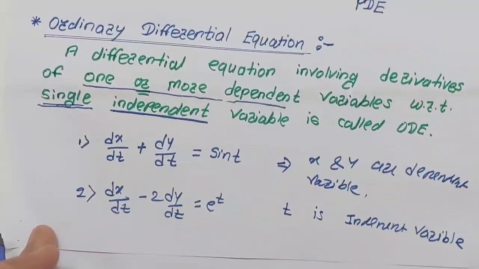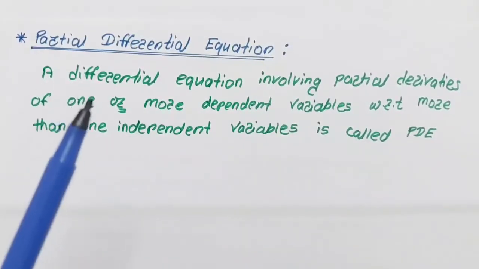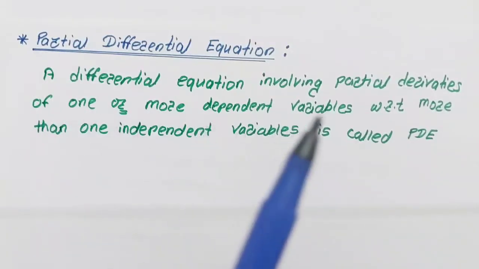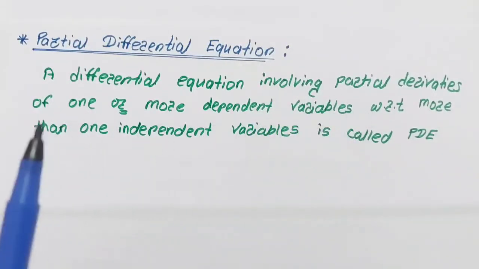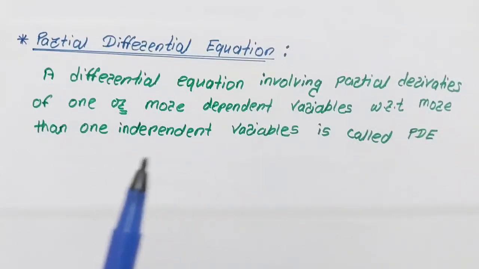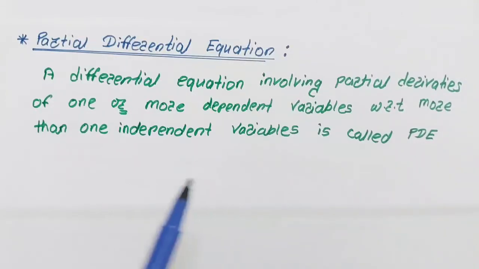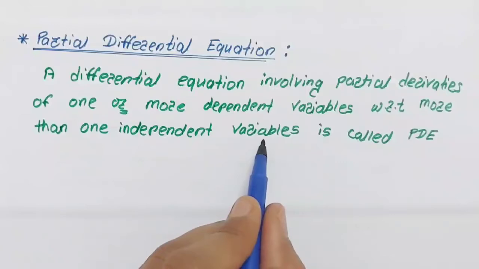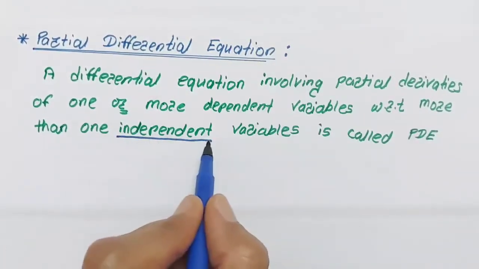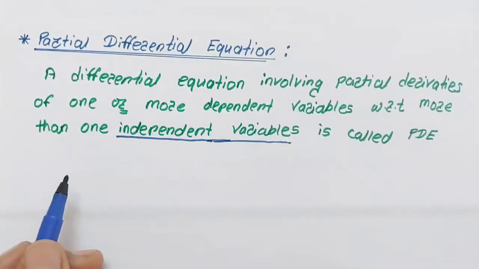Now we see the definition of a partial differential equation. What is a partial differential equation? The definition is: a differential equation involving the partial derivatives of one or more dependent variables with respect to more than one independent variable is called a partial differential equation. That means if an equation contains more than one independent variable, then that differential equation is called a partial differential equation.